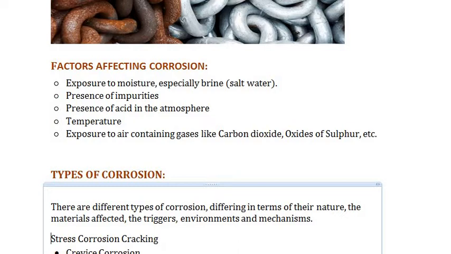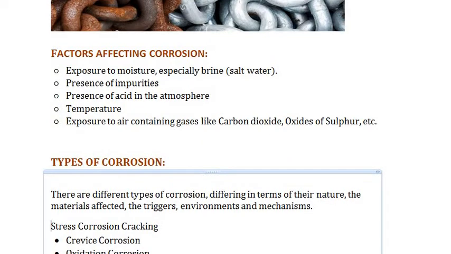Then it results in a tensile stress on the metal, and it typically occurs at high temperatures. An example of a corrosive solution or environment is a chloride solution when you have steel introduced inside it.